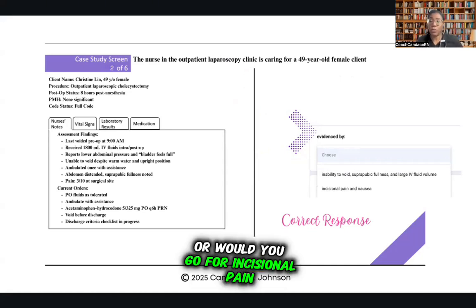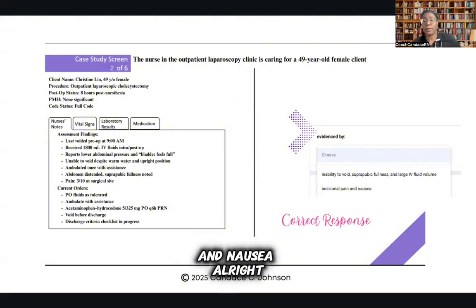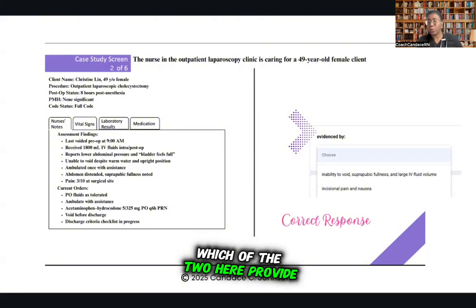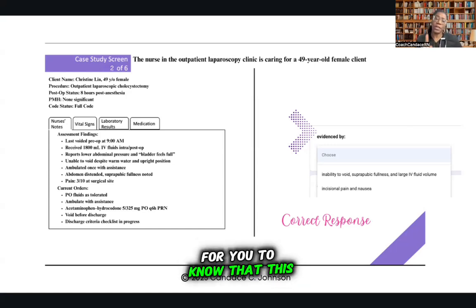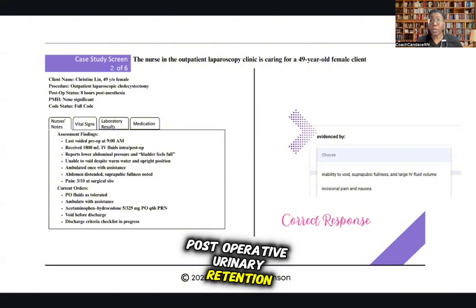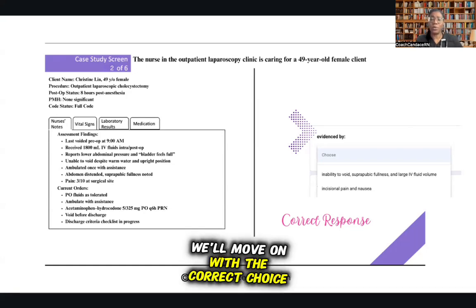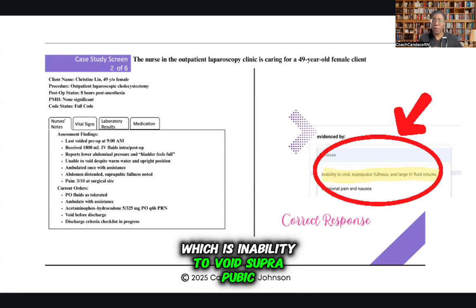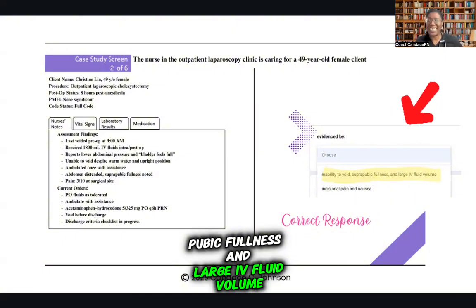Or would you go for incisional pain and nausea? So the question is asking you which of the two here provide the evidence for you to know that this is in fact post-operative urinary retention. I'll encourage you to pause if you need to. We'll move on with the correct choice, which is inability to void, suprapubic fullness and large IV fluid volume.